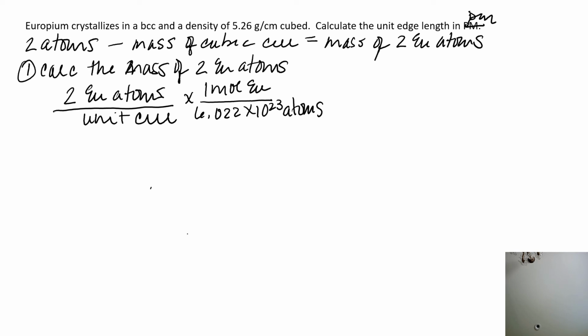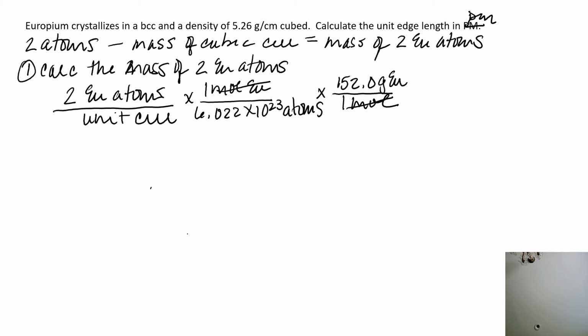So we're getting rid of atoms, we're converting to moles, so we can use the molar mass to determine the mass of those 2 atoms. Mass of europium is 152 grams of europium per 1 mole.